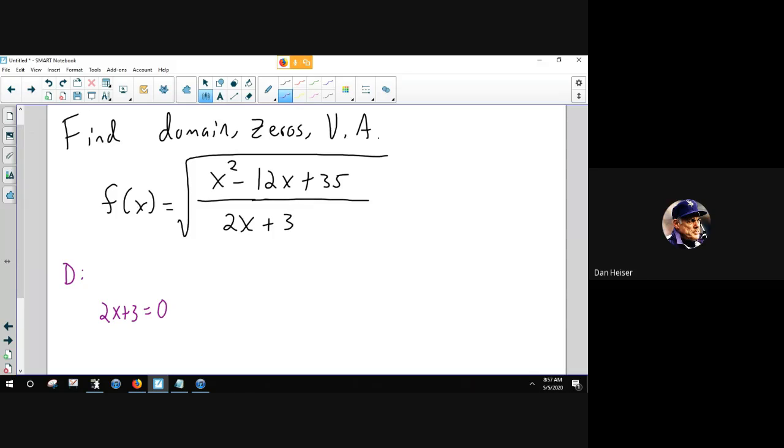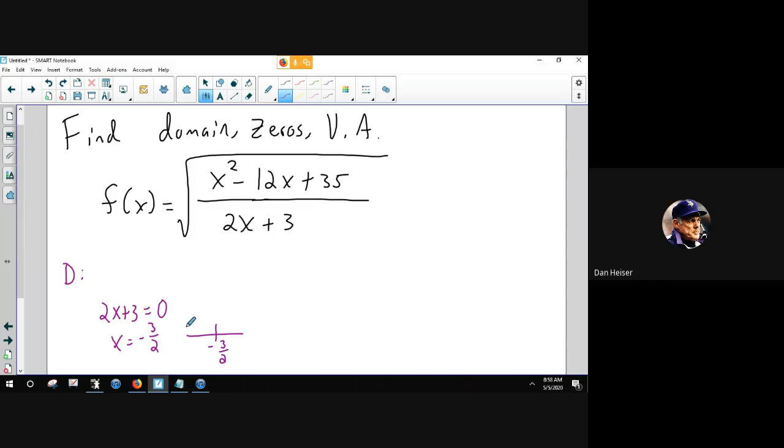So I find the value where it does equal 0, because again, that's a transition from negative to positive, or positive to negative. And I get negative 3/2. My little imaginary number line here. I'm going to test a number on both sides, see what happens.